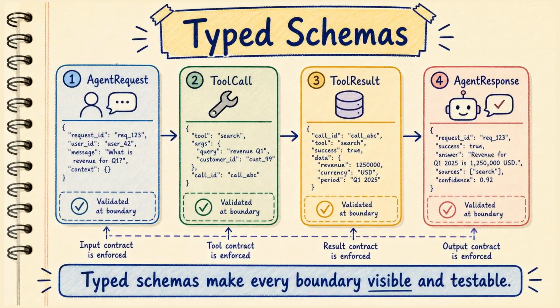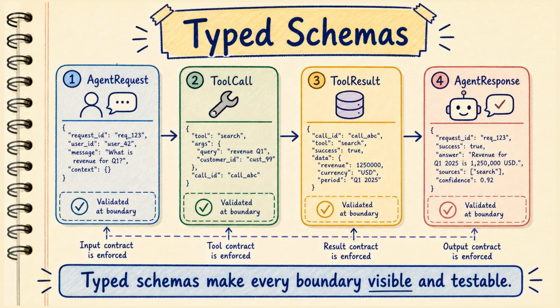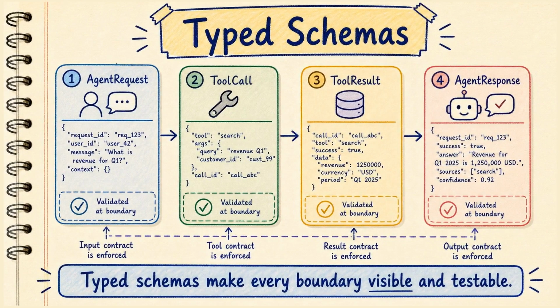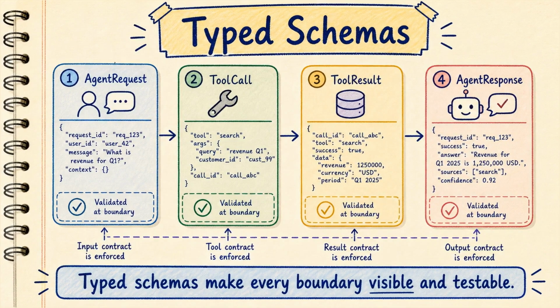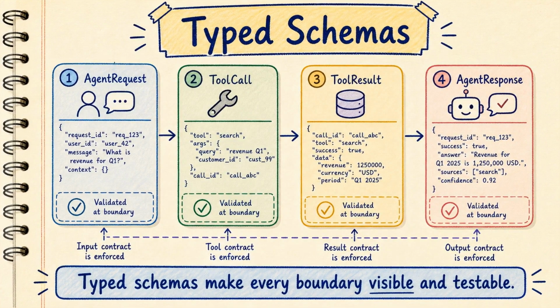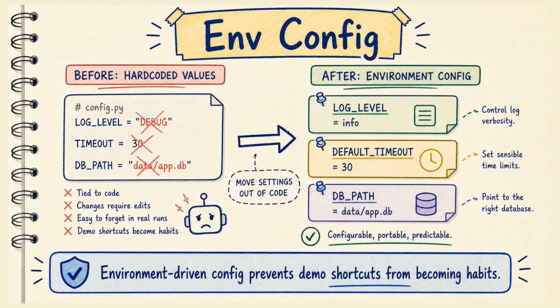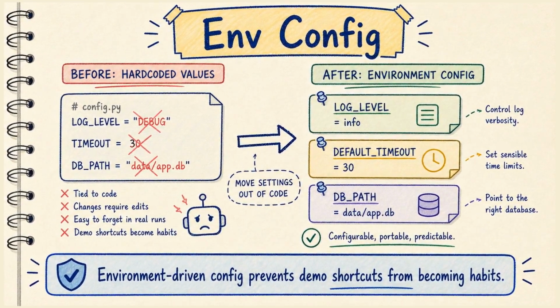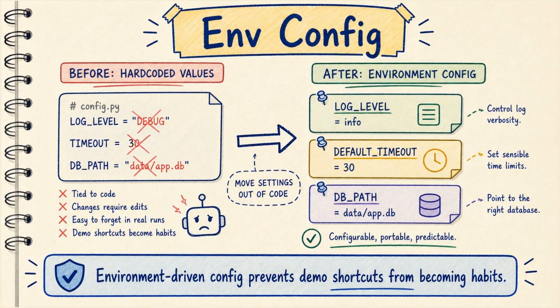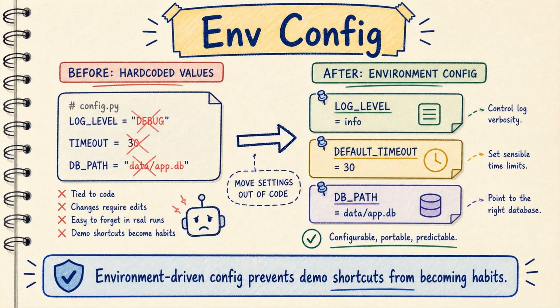Inside schemas, define objects like agent request, tool call, tool result, and agent response. The point is to make every boundary explicit, both for humans and for automated tests. And in config, load values like log level, default timeout, and database path from environment variables early. Hard-coded settings feel fast in a demo and painful everywhere else.